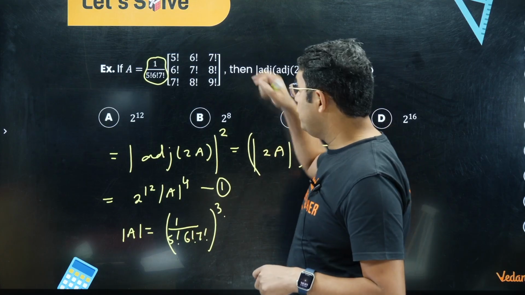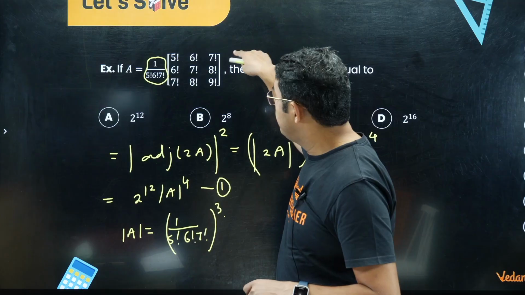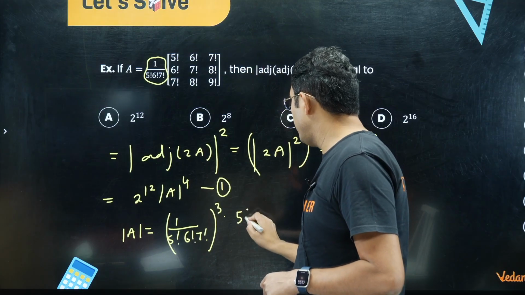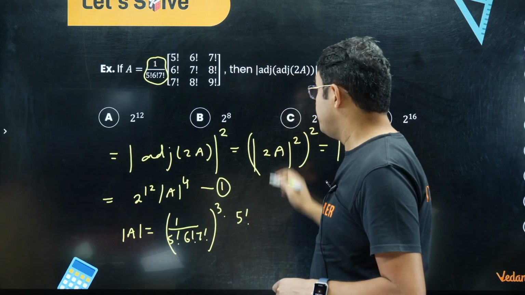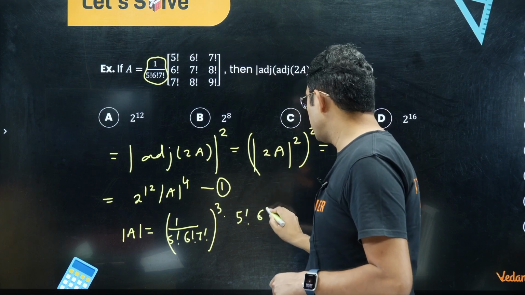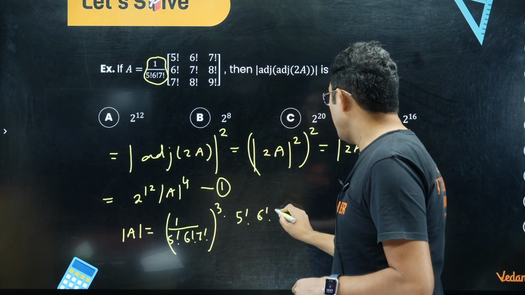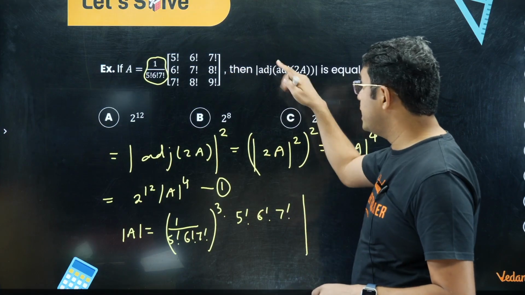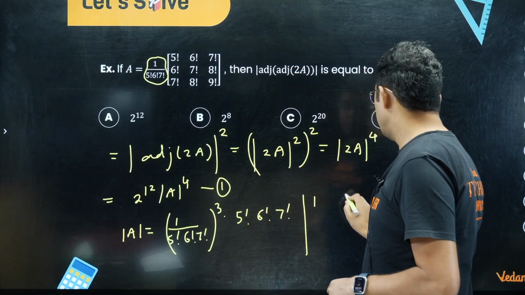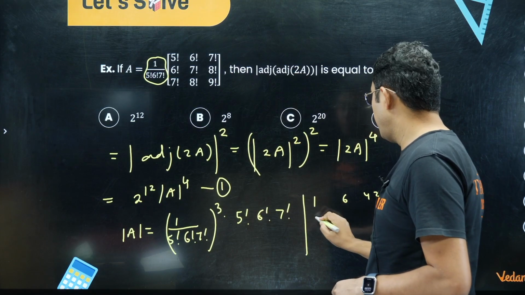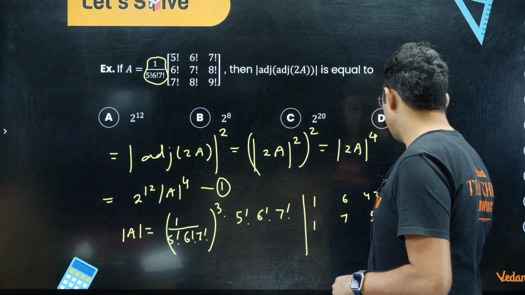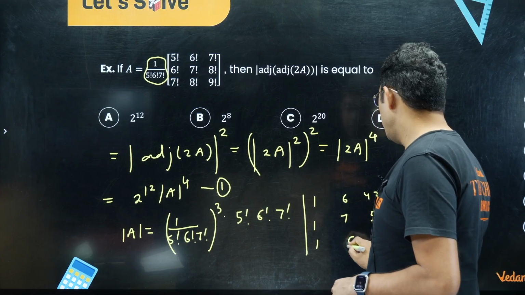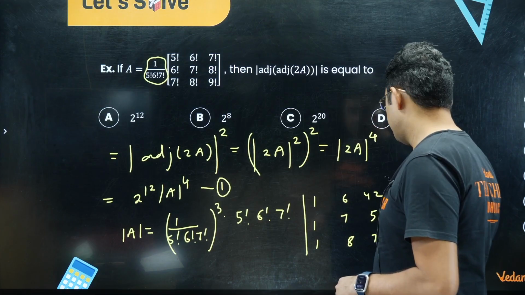And then you will be taking 5 factorial common from the first row, 6 factorial common from the second row, and 7 factorial common from the third row. And after taking these common, I'll be having 1, 6, 42 here, 1, 7, 56 here, and 1, 8 and 72 here.